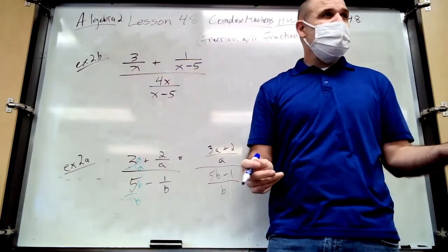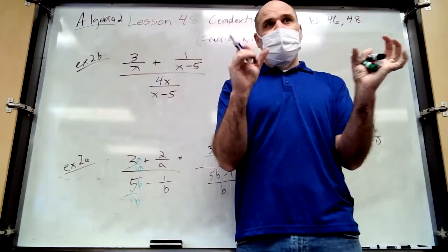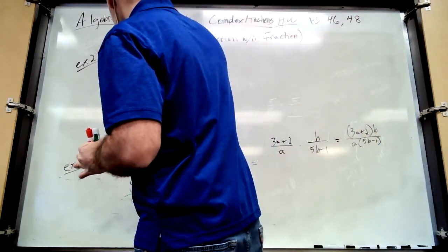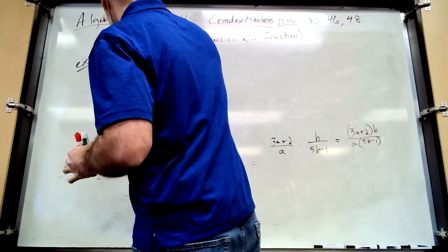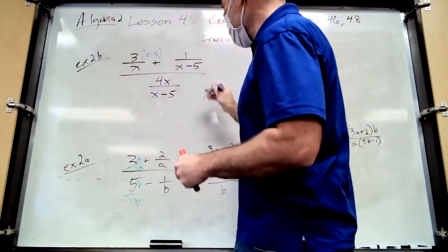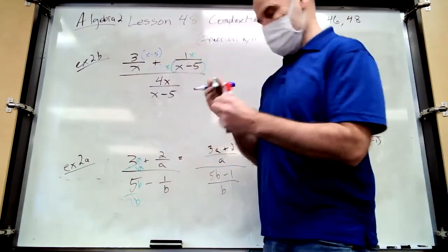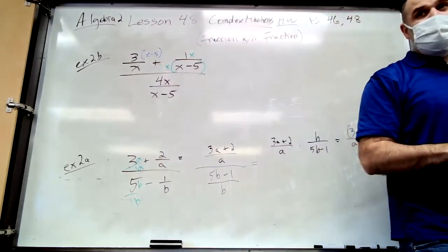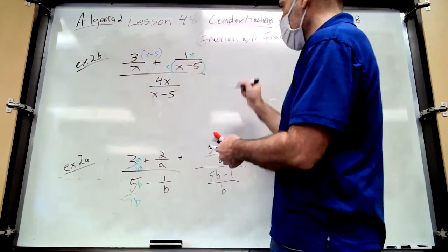So unfortunately, the common denominator is multiplying them both together. So this needs an x minus 5. Whatever you do to the bottom, do to the top. And this guy needs an x. You guys remember doing that?